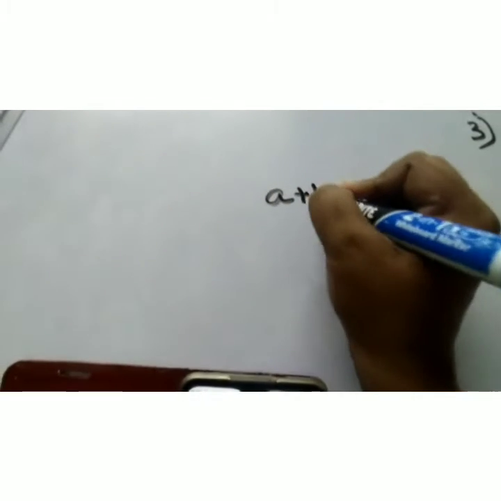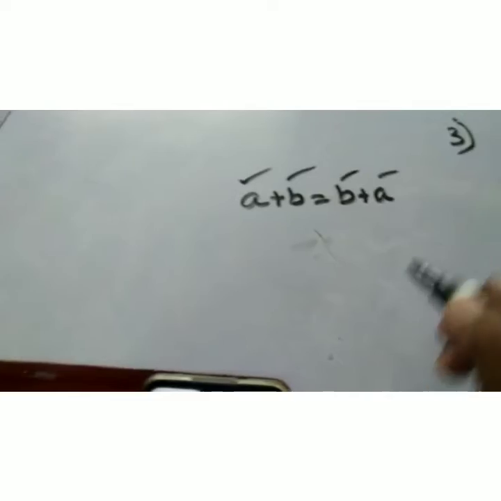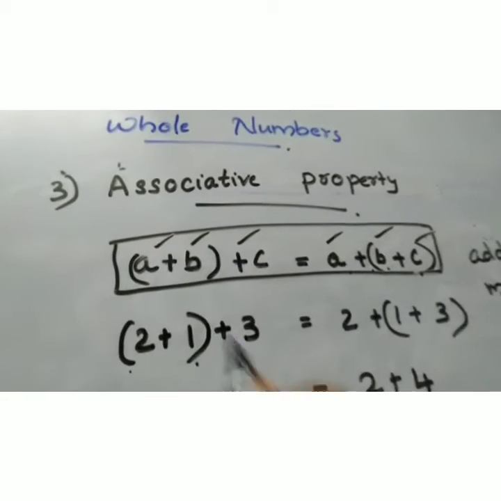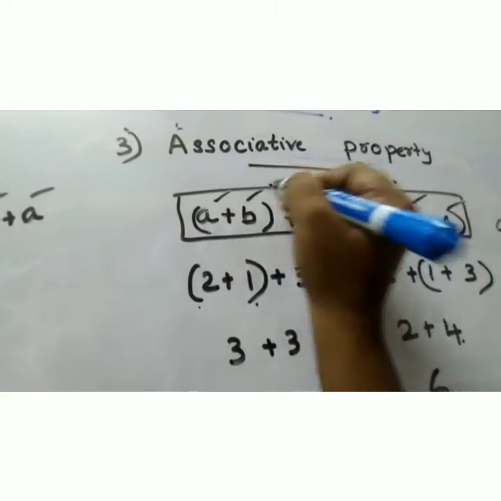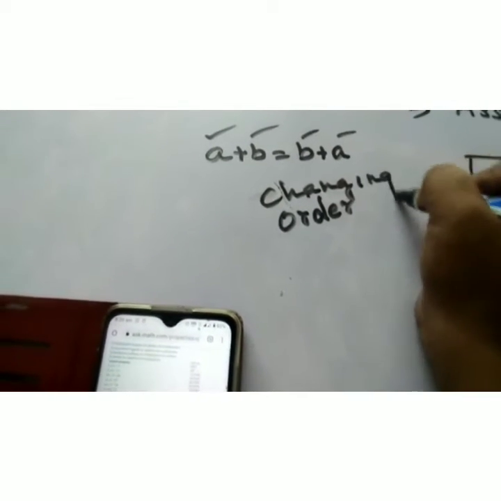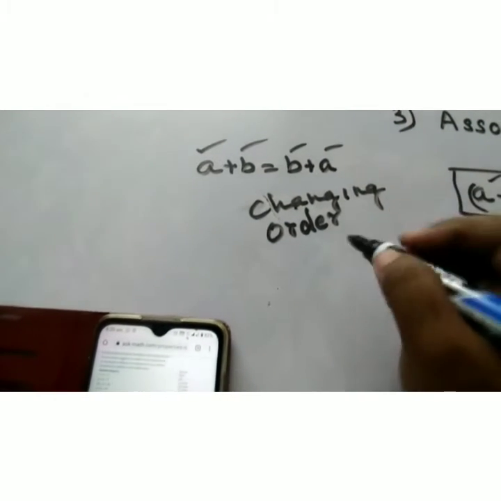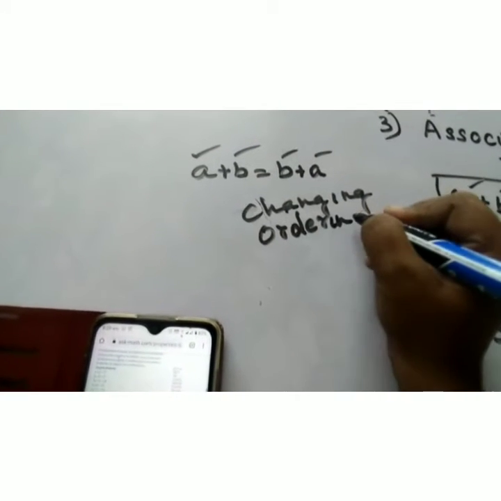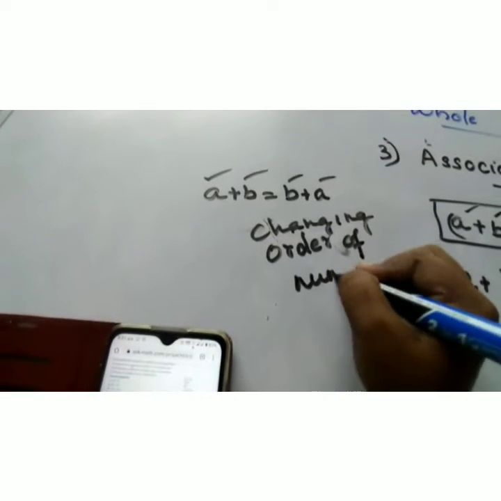In the commutative property, A plus B is equal to B plus A. We are using only 2 whole numbers. In the associative property, we are using 3 numbers. Okay. The commutative and associative properties both involve changing the order of numbers.